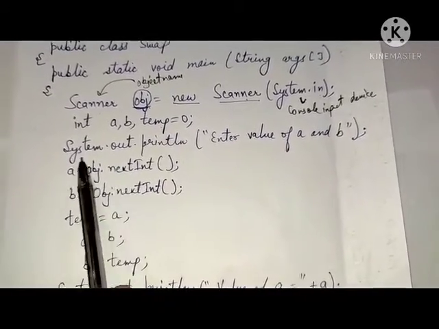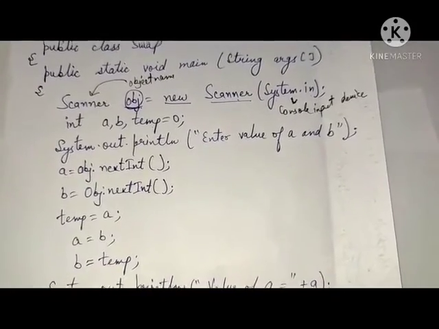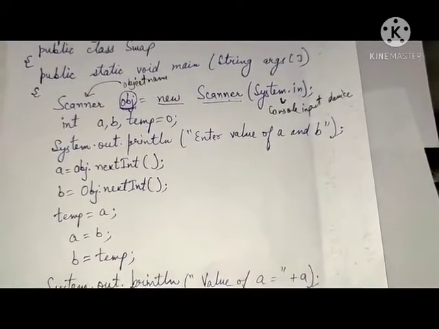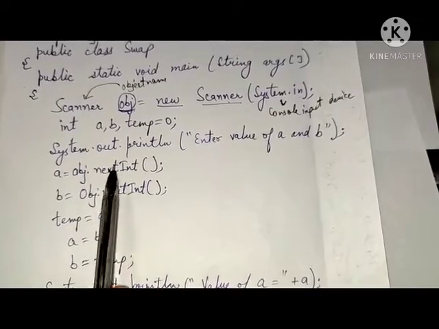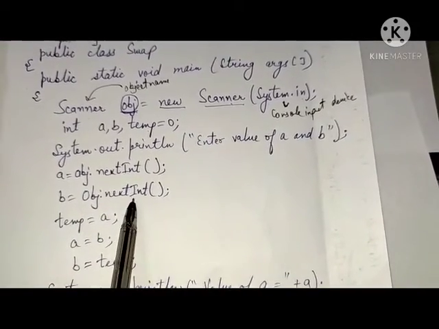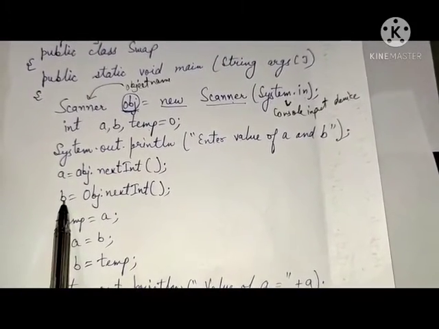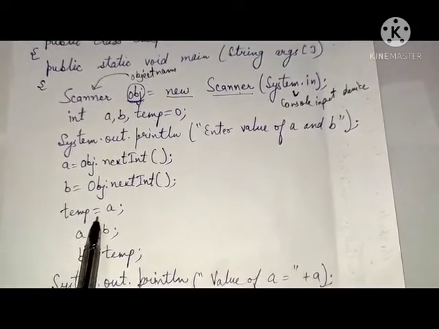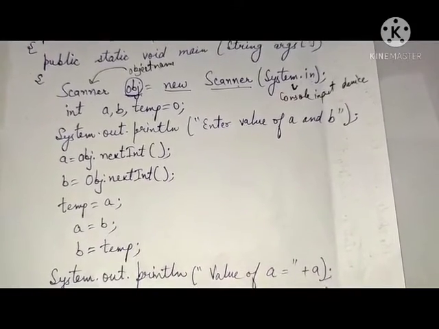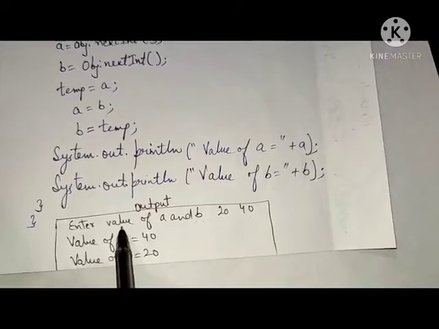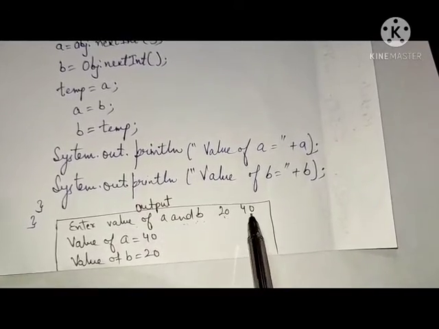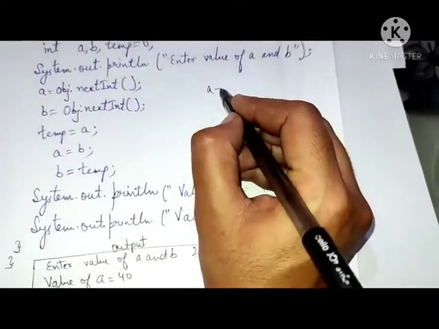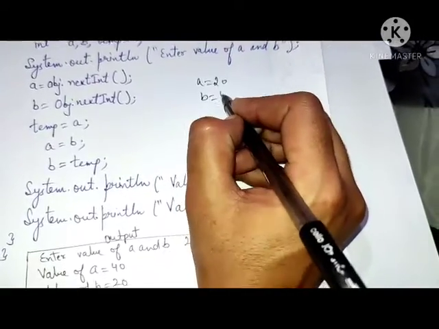Then it goes to the A variable. For example, if you are entering the values 20 and 40, 20 goes into A, 40 goes into B. See students, now A contains 20, B contains 40.